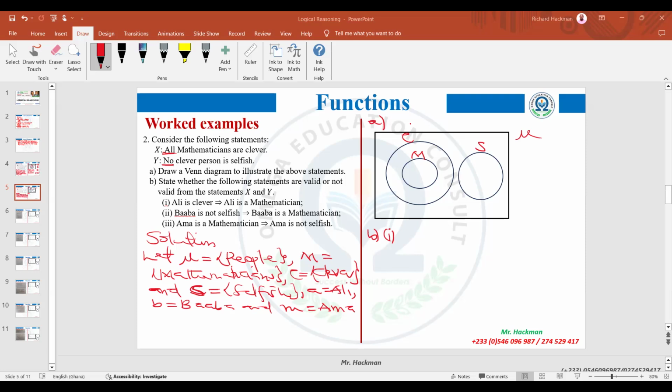So my A will be here, or it could be inside. These are all the possible regions where you can place A. Should I come again?